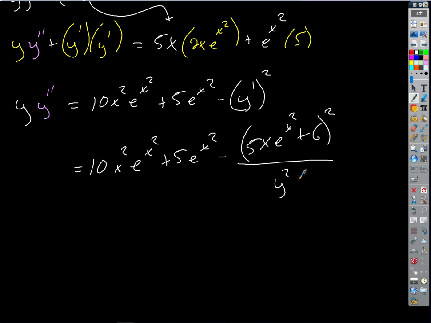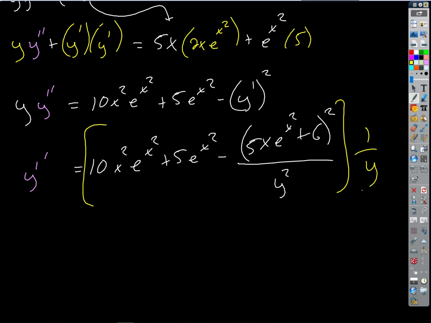So rather than divide both sides by y, let's just distribute through a 1 over y. So I've got my y double prime equals this whole thing times 1 over y, right?